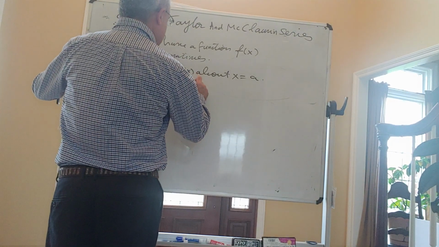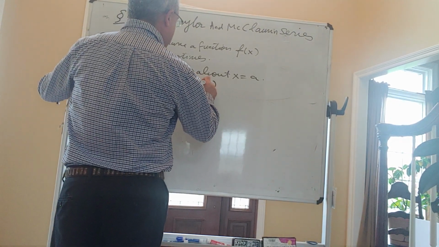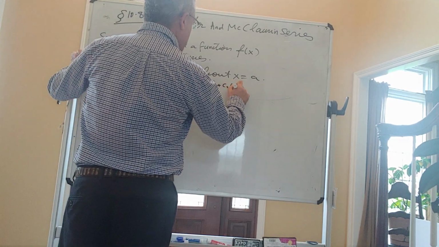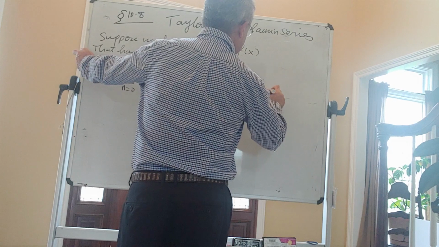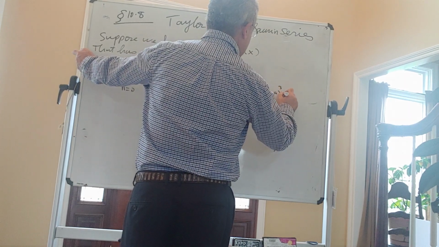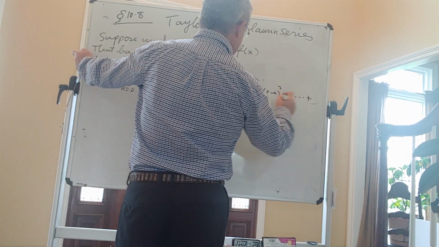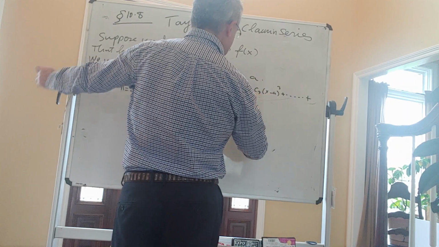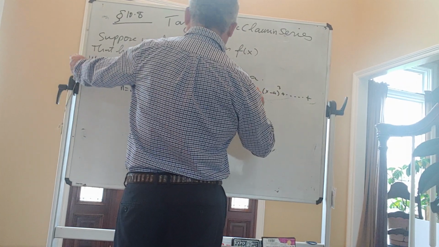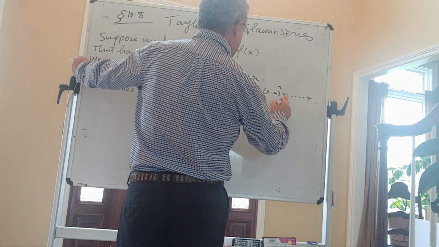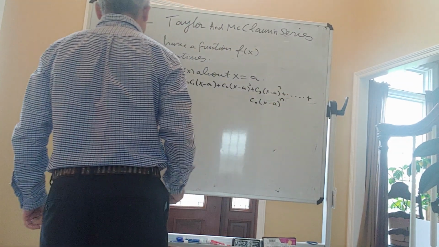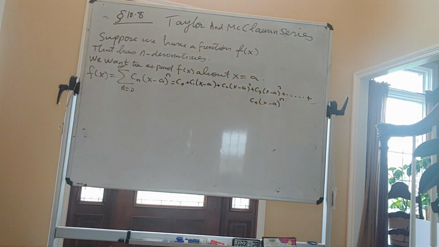So this is c0 plus c1 (x minus a) plus c2 (x minus a) squared plus c3 (x minus a) cubed, plus, let's say, c_n (x minus a) to the power n, and so forth.